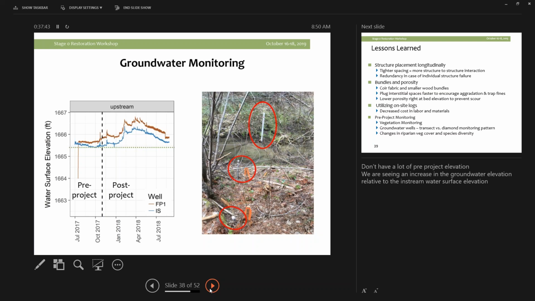What we ended up doing was transects, so basically moving further and further out onto the floodplain and trying to track changes in the groundwater elevation over time. I think it's still too early to tell really what's going on in this system. We also have upstream and downstream discharge stations, so there isn't a, say, Poison Creek, we're working on developing the rating curve and trying to understand this hydrograph.